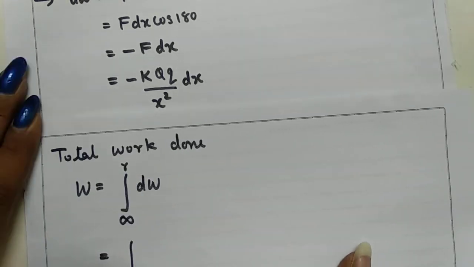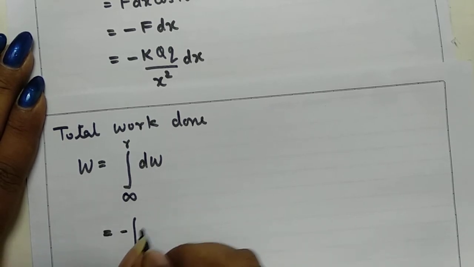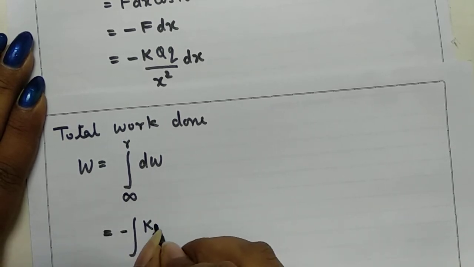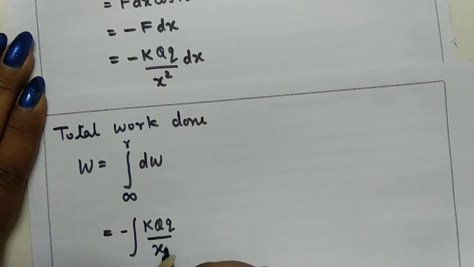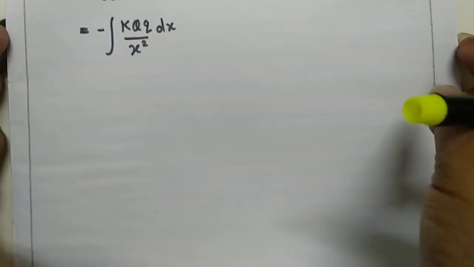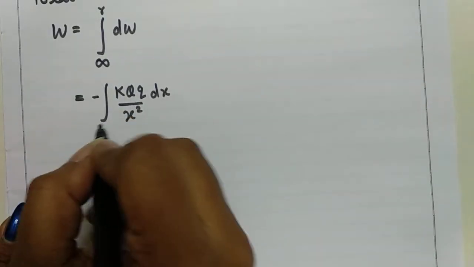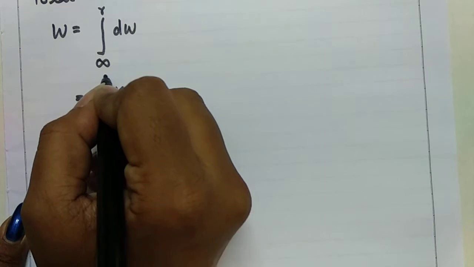So I'll substitute it. I'll take the negative sign outside. So K Q small q upon x square into dx. The limits of integration were infinity to r.